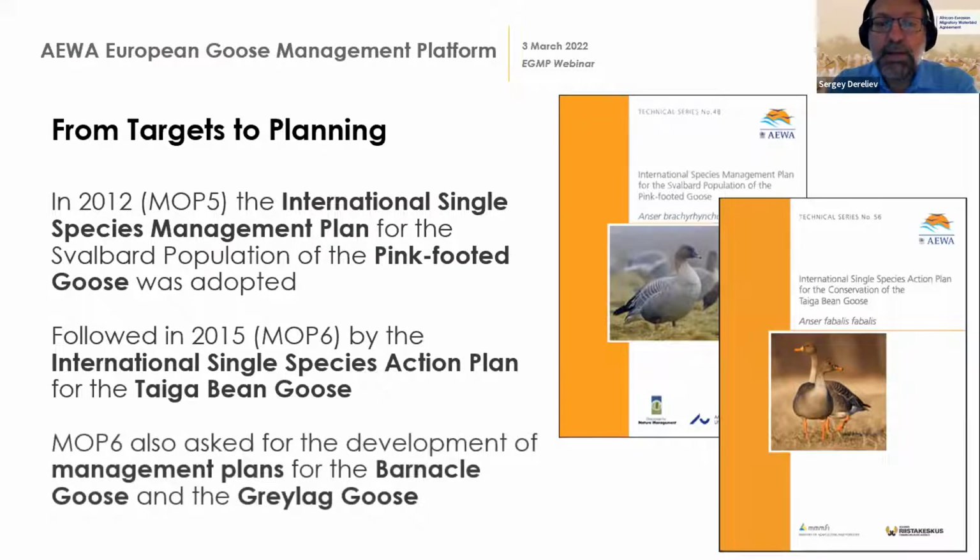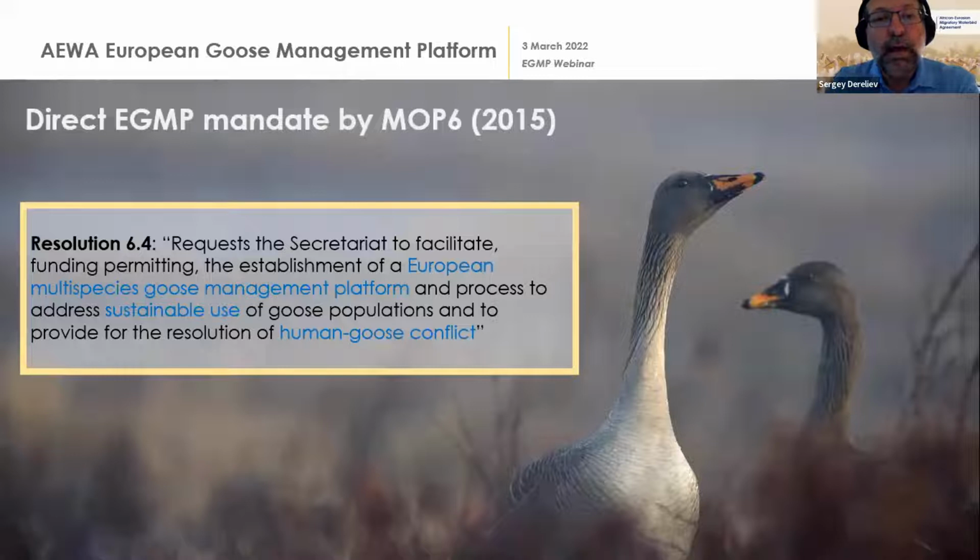At the same session of the meeting of the parties, the development of management plans was required and asked for 2 further goose species, the barnacle goose and the greylag goose. And at the same session again in 2015, through resolution 6.4, the parties agreed on a direct mandate for establishment of the European Goose Management Platform.